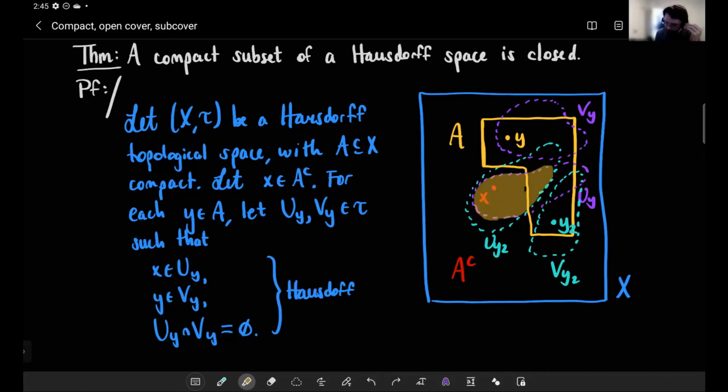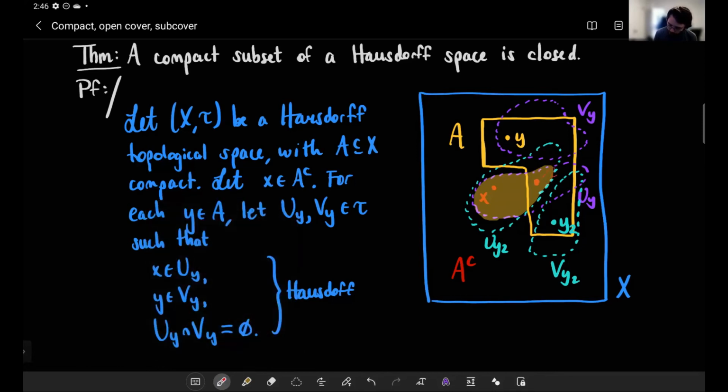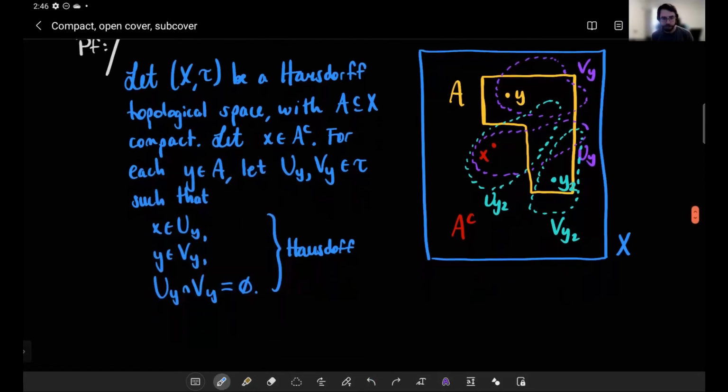And now it's just bleeding in a little. But then eventually I would pick some y here, and whatever open set around x I draw can't contain y, right? So maybe eventually, after I do that enough, I'll whittle this down until it's actually outside of your set A.